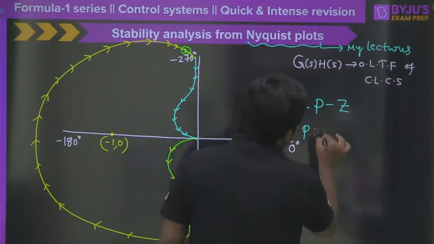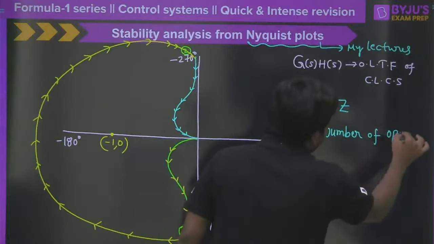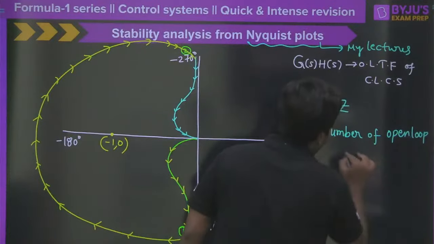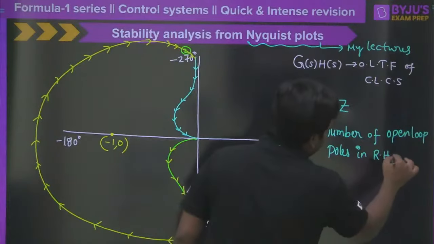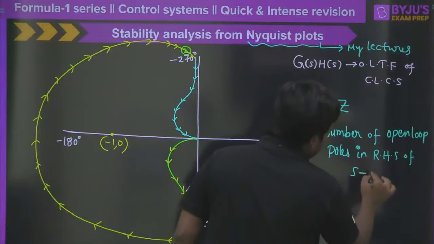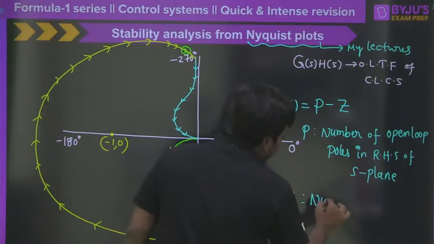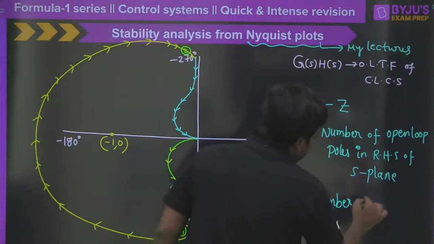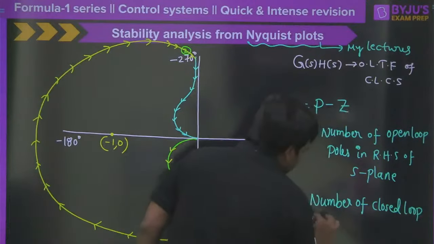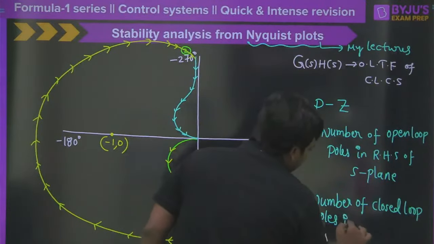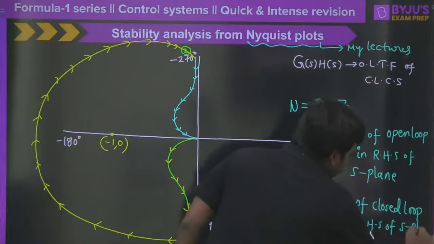P is considered as number of open loop poles in the right hand side, RHS, of the S plane, and Z is considered as number of closed loop poles in the right hand side of the S plane. Clear? Right hand side of the S plane.